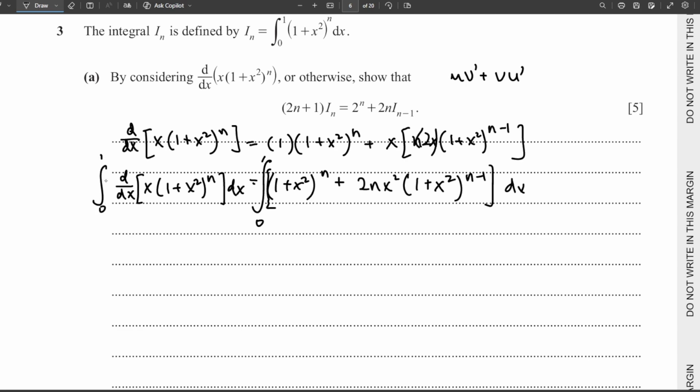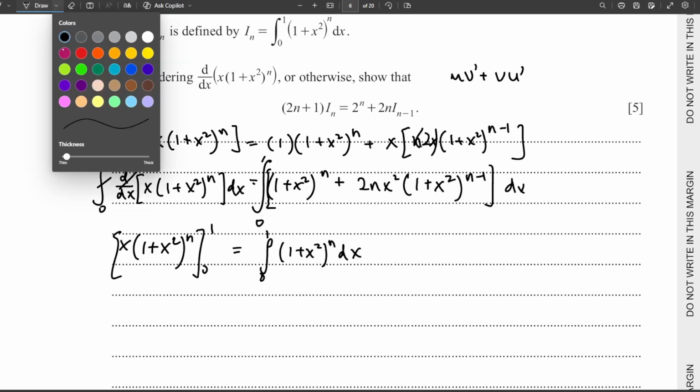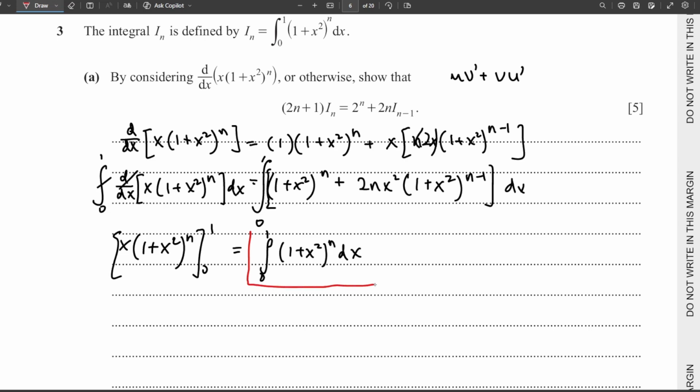On the left-hand side, the integral and the differential cancel out, and we're just left with the expression inside, evaluated with the limits 0 to 1. On the right-hand side, I will separate the integrals. The first term, the integral from 0 to 1 of (1 + x^2)^n dx, is exactly the same as I_n, so later we can replace it with I_n.